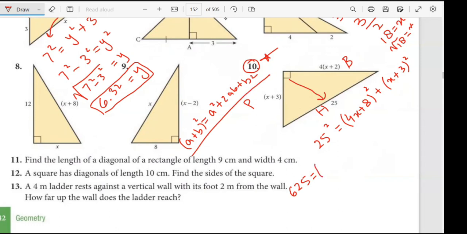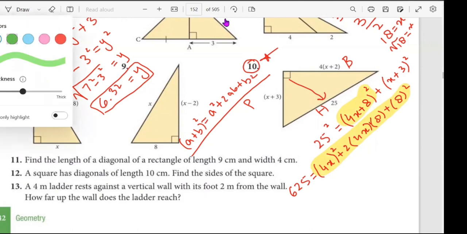Or if you say I will solve, 16x square, this one is a square, plus 2 times a and b, plus b square. This one is the expansion of the first part only, this whole square formula.